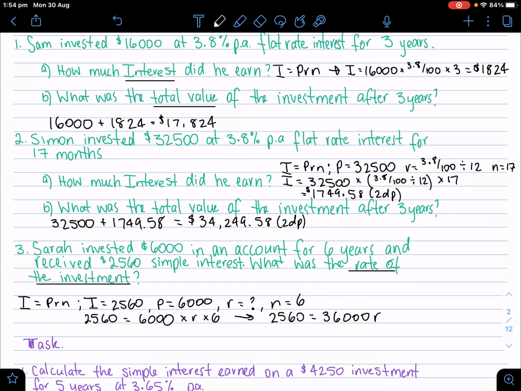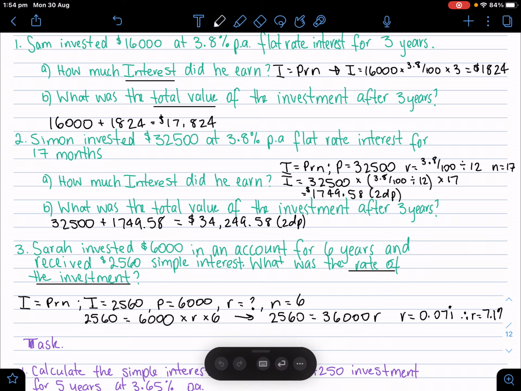And to find R, I'm going to divide both sides by 36,000. And I get R equals 0.071 repeater. Now that's a decimal. To find a percentage, I multiply that by 100. Therefore, R equals 7.1%, 1 dp. So a little bit happening there, but as you can see, quite simple. You just have to rearrange the formula.